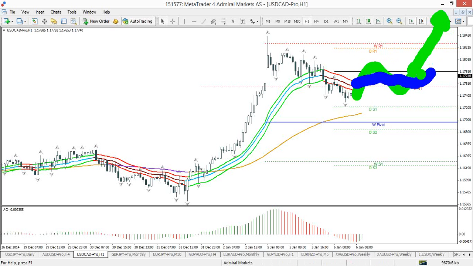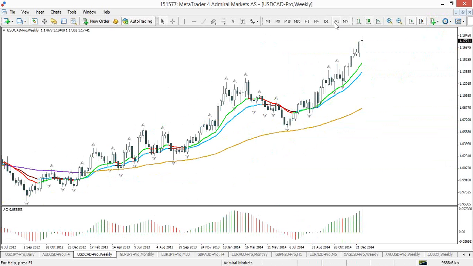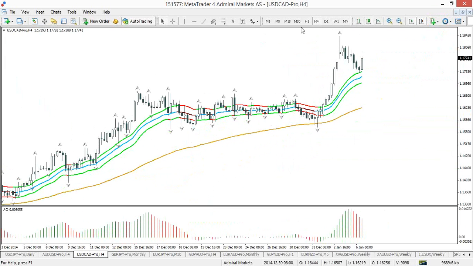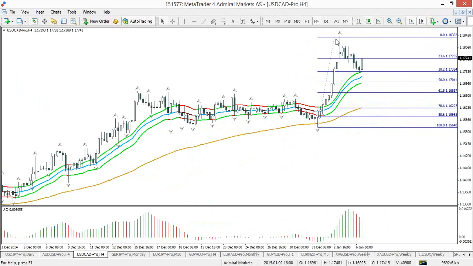Does that make sense? That would basically be a way of using moving averages to get an entry on the hourly, based on the larger time frame analysis that we are having. First of all, a very strong 2014 bullish year.